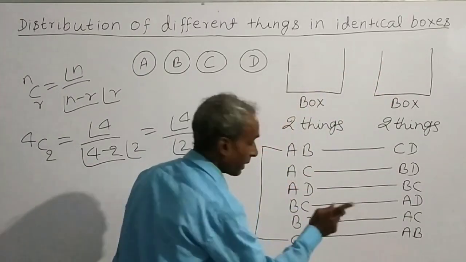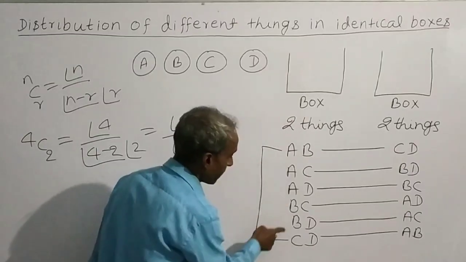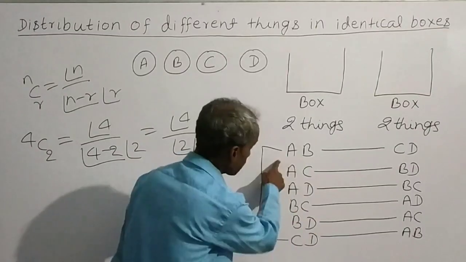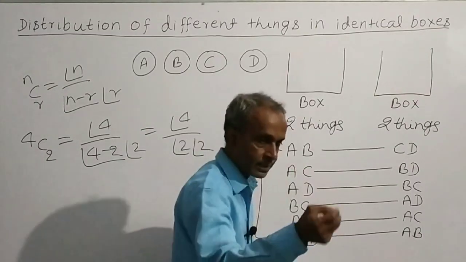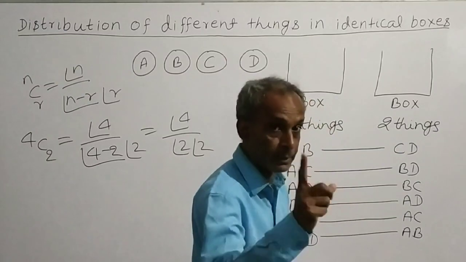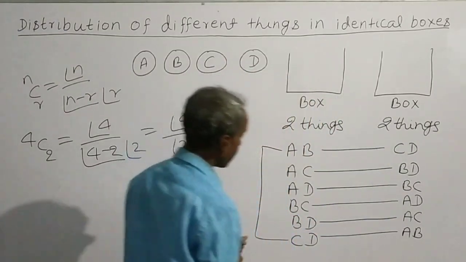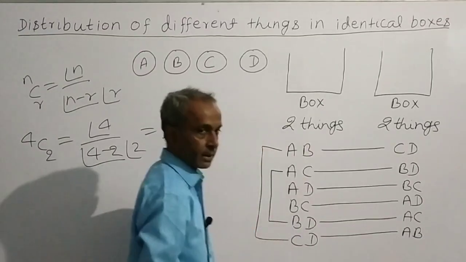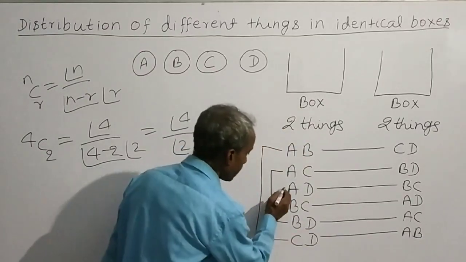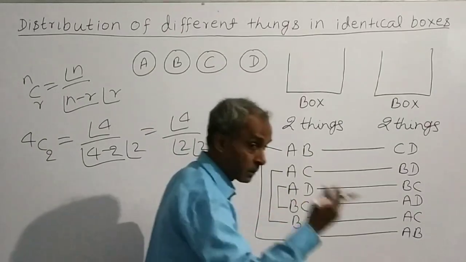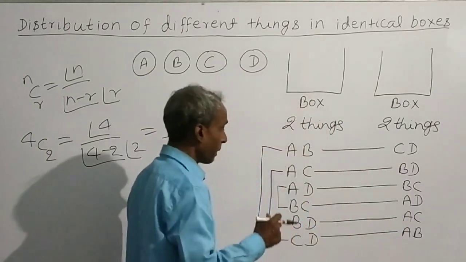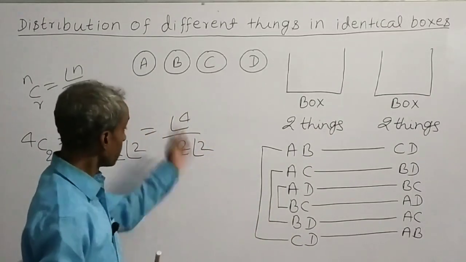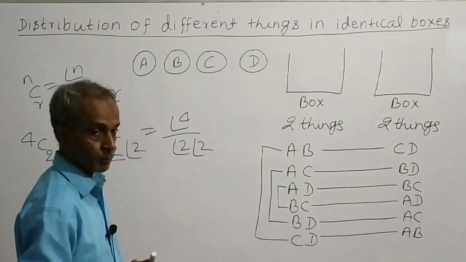Therefore, we will not count these as 2 different ways, but this way and this way will be considered the same, that means one way. Similarly, the other pairs will each be counted as one way, not 2. That means there is some mistake in this result.